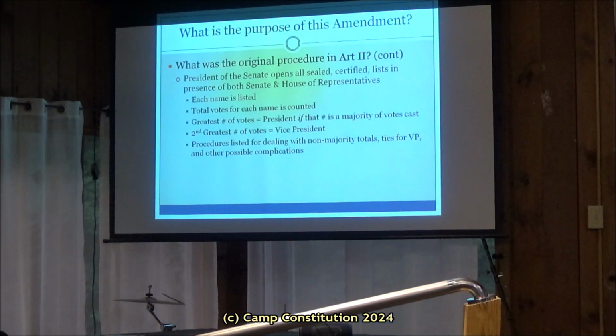They list each name, they total all the votes that each name gets, and the one with the greatest number of votes is president, if that's a majority of the votes cast. The second greatest number of votes is the vice president. And there were procedures listed for dealing with non-majority totals and ties and other things. That's the original procedure.